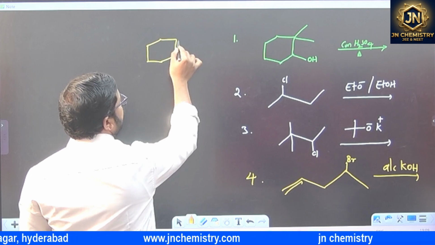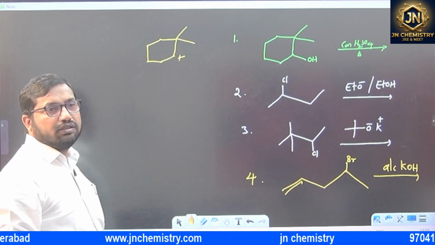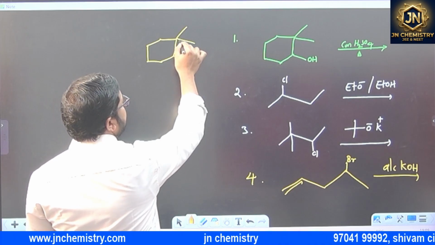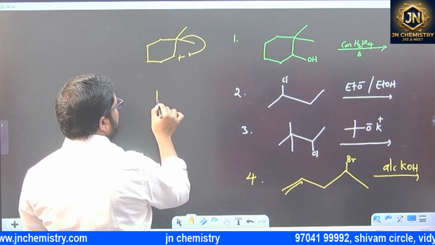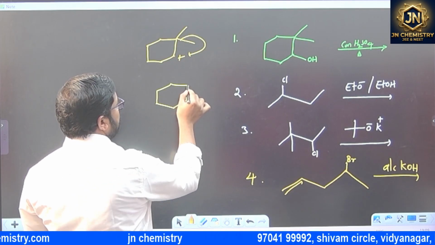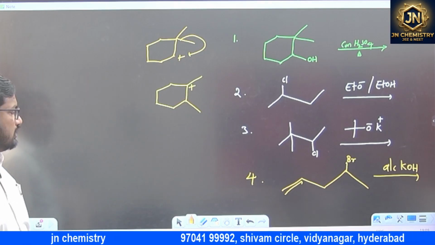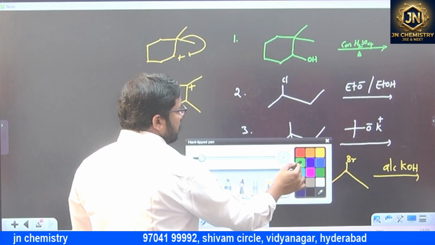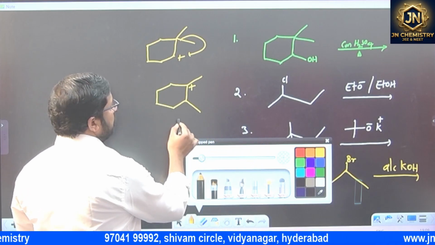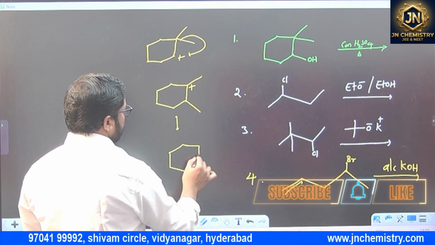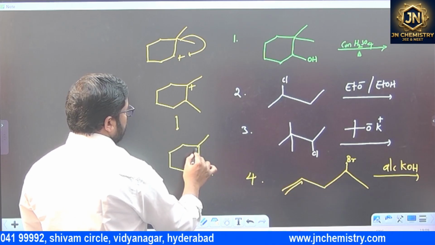Water is going out, carbocation is forming. This is the first step, right? Then what exactly happened? Methyl shift takes place here. Why does methyl shift take place? Stable carbocation. So then this is the product.